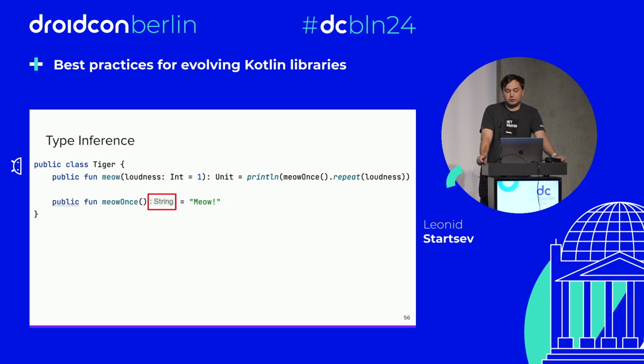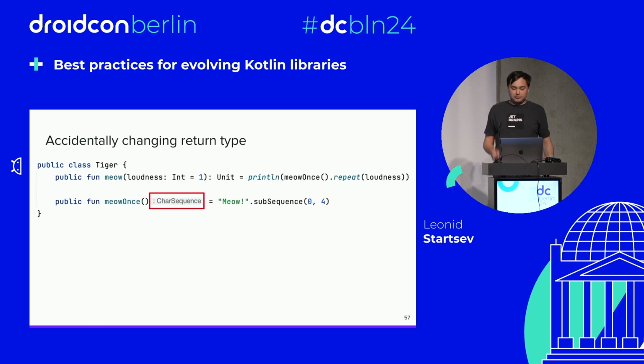So if we write the function such that it is equal to some expression, the Kotlin compiler can automatically deduce a return type for it. Like in this example, we write meow once equals meow, and then the Kotlin compiler automatically deduces the string type for it. So we don't have to write it down. Again, it's very convenient for application developers and very convenient in day-to-day life.